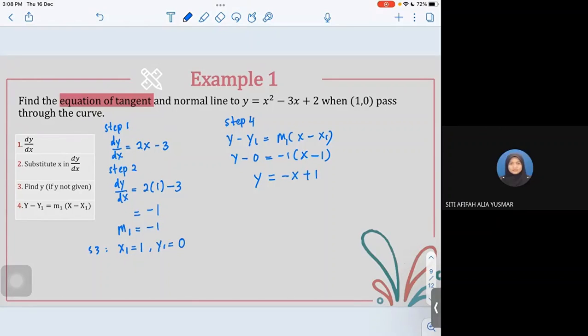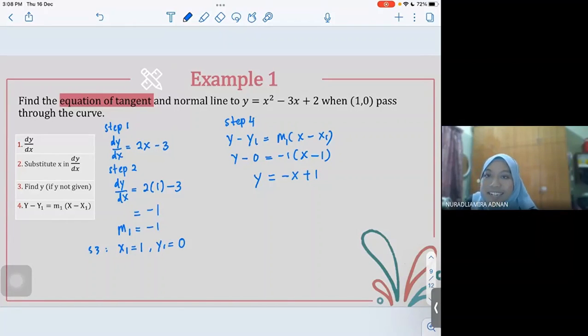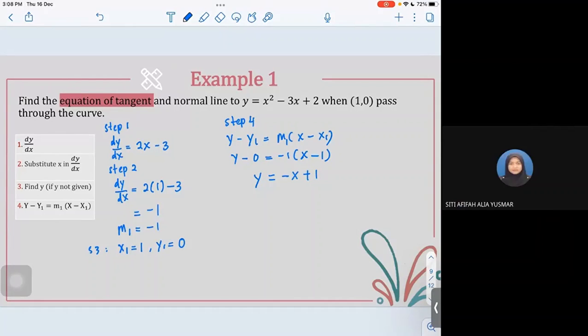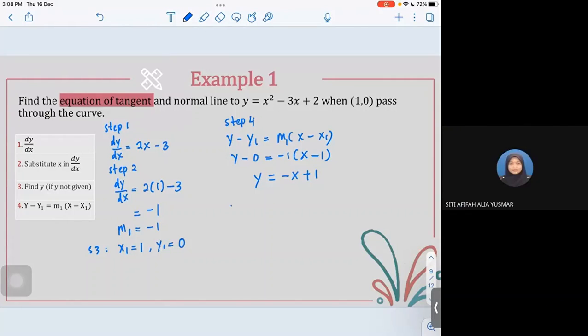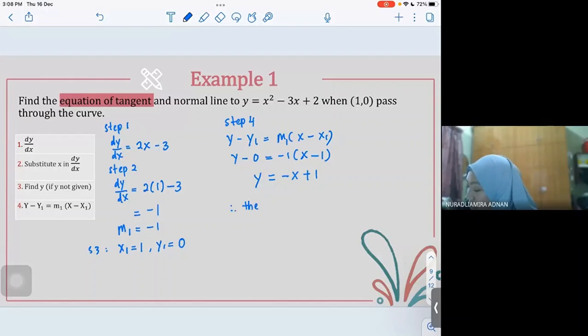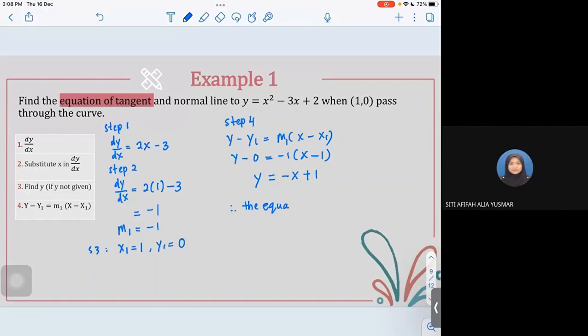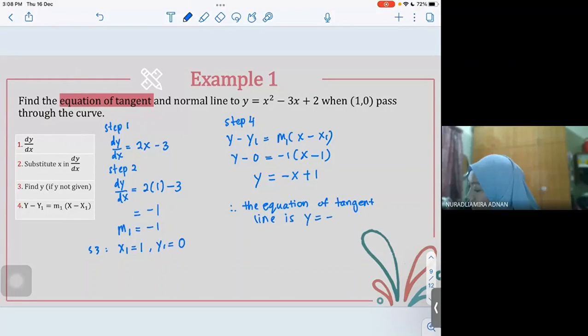Good. So are we done? Make a conclusion. Therefore, the equation of the tangent line is y equals negative x plus 1. We are done finding the equation of the tangent line.